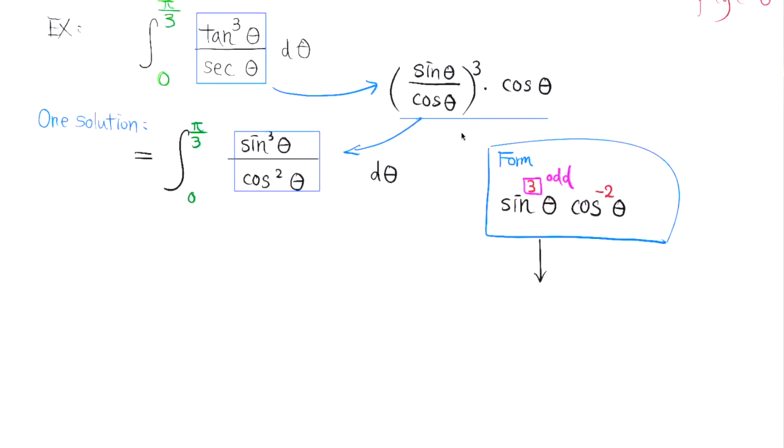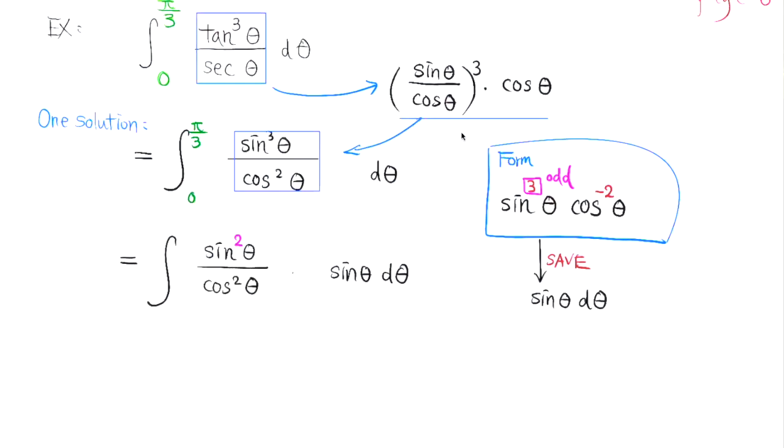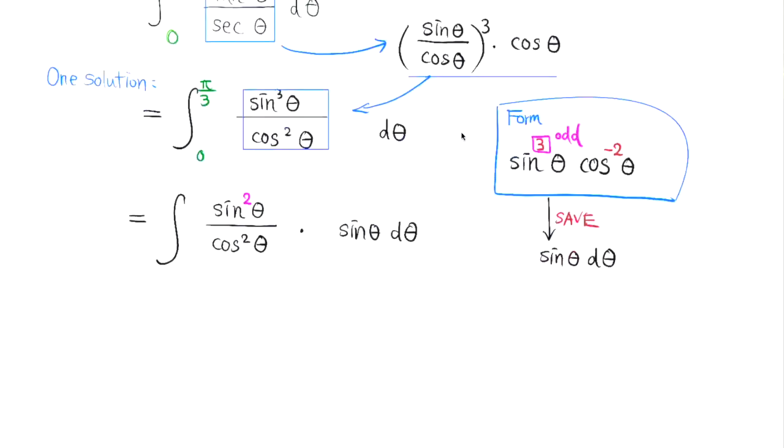We're going to save one sine theta with d theta. The exponent on sine will become even after you save one factor of sine theta. So we save sine theta d theta, and now this becomes sine to the second power theta over cosine squared theta, where theta goes from 0 to pi over 3.